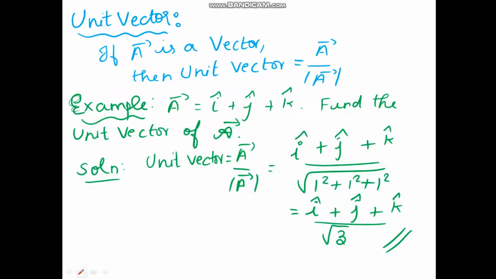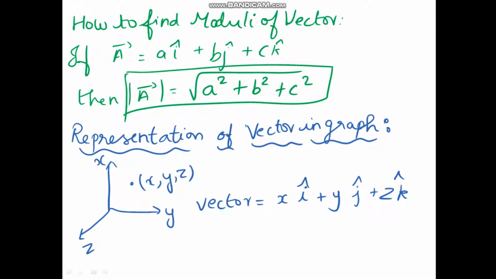Then here we have the term unit vector. How do we represent a unit vector? Suppose a vector A vector is given, the unit vector is nothing but A vector by magnitude of A vector, or modulus of A vector. How to find the magnitude of the vector?